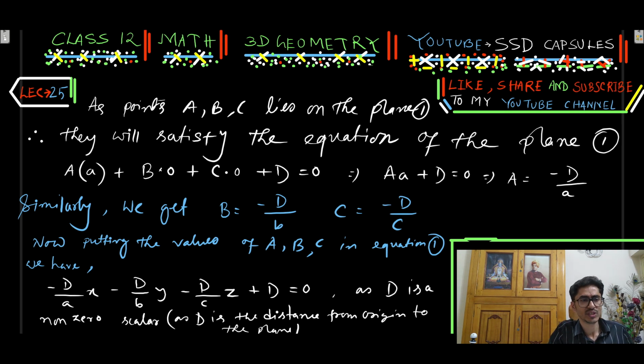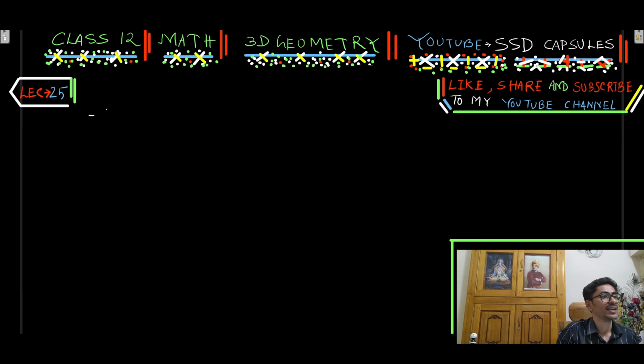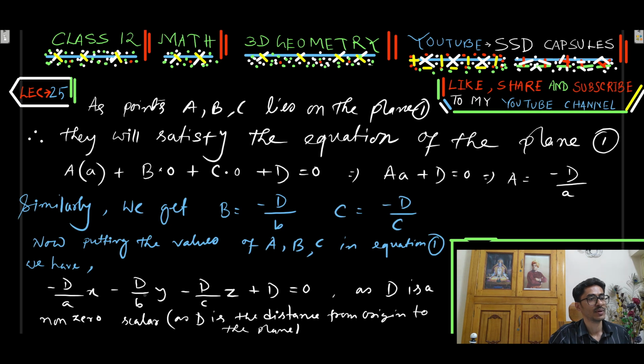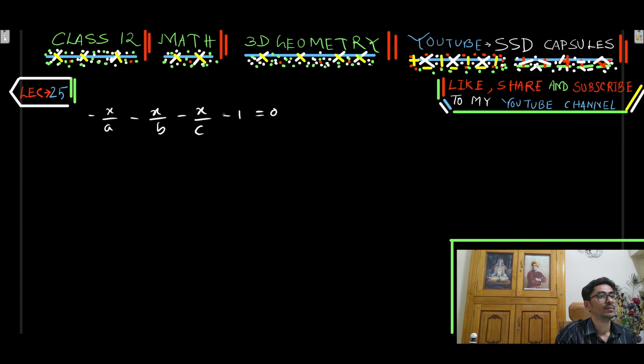In general, it cannot be 0, so we divide it by D. So minus x by a minus y by b minus z by c plus 1 equal to 0.